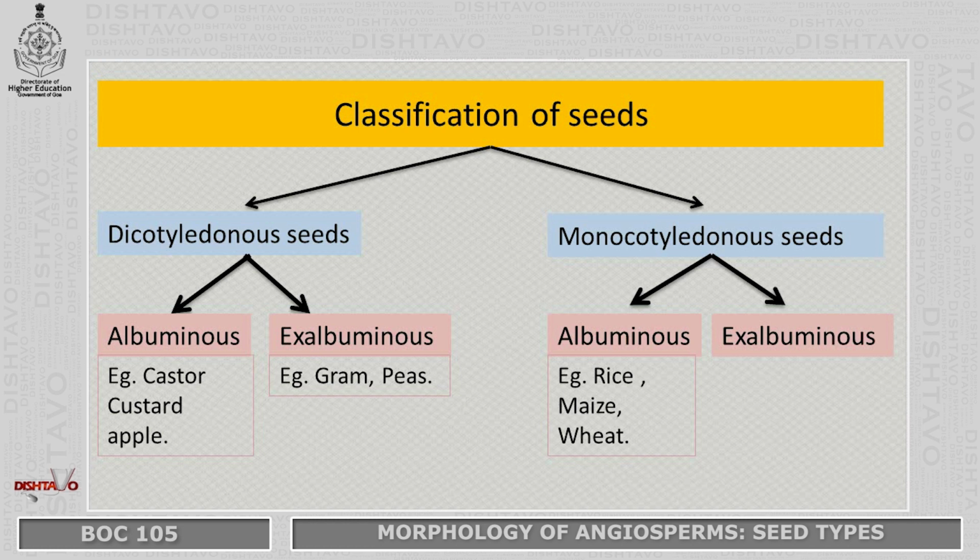In ex-albuminous seeds, you will find that the embryo fills the seed and the food is stored in the cotyledons. Here, the food is not stored in the endosperm, but in the cotyledons, and that's the reason the cotyledons are massive in nature. So, it is called an ex-albuminous or non-endospermic seed.